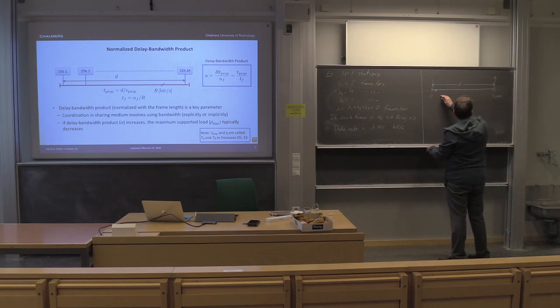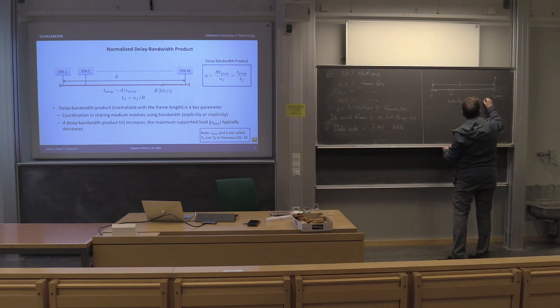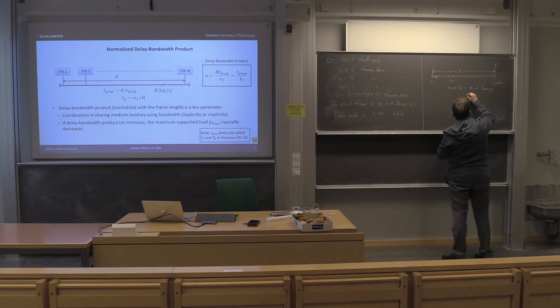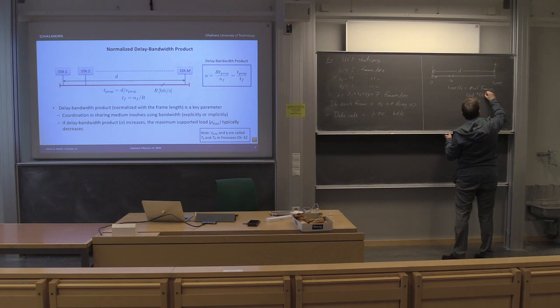So if we here have time and here TF, then t-prop divided by TF is the number of frames that fit on the medium.